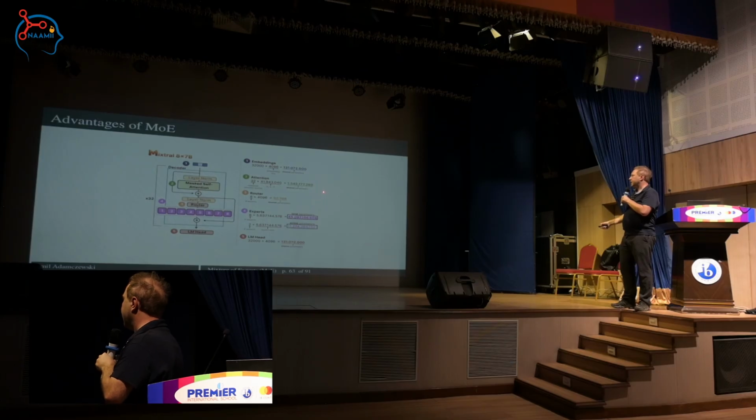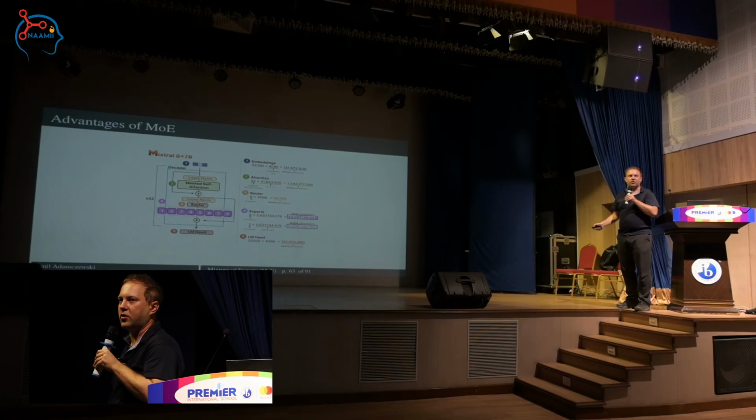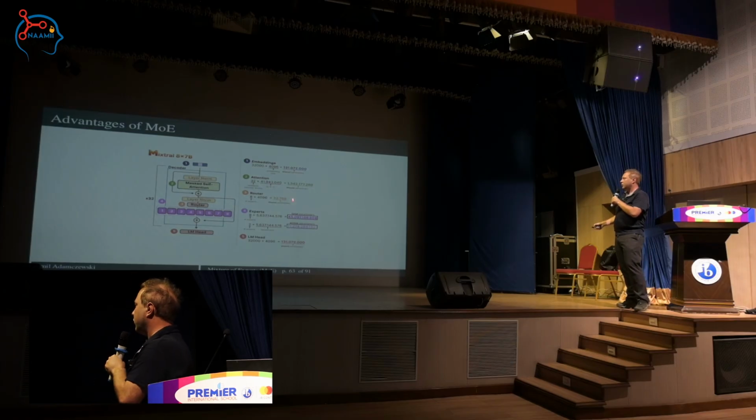Say embedding, which is traditionally a very big layer, has about 130 million parameters. Attention is about 1 billion. The router, you see, is tiny. It basically doesn't cost anything to run. It's a small router. Output is 8.